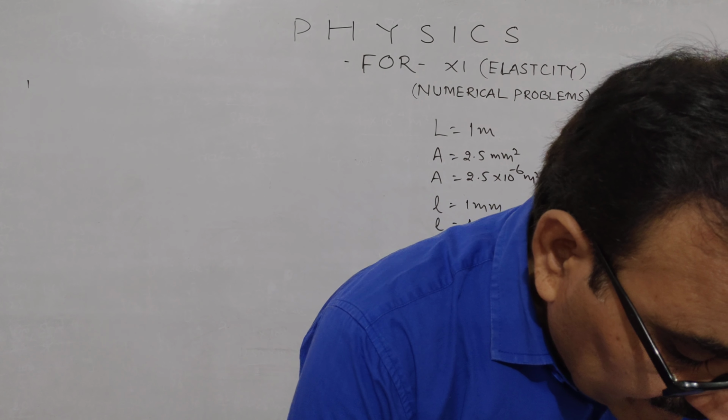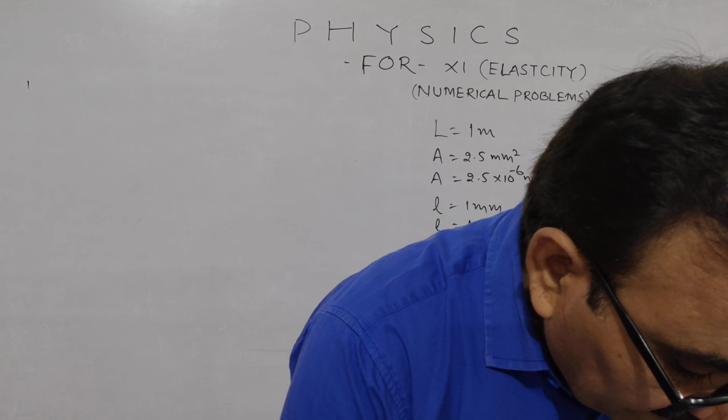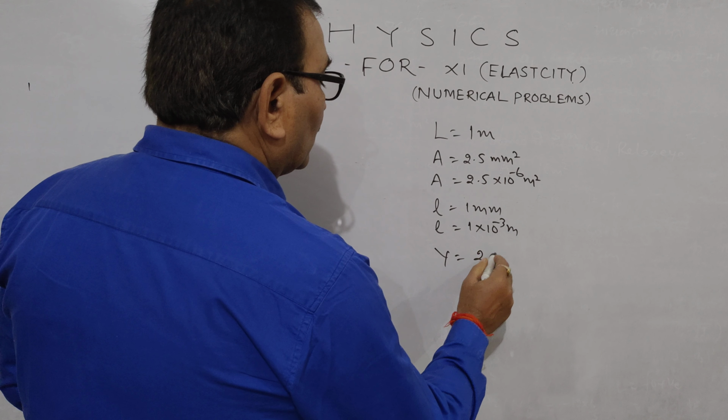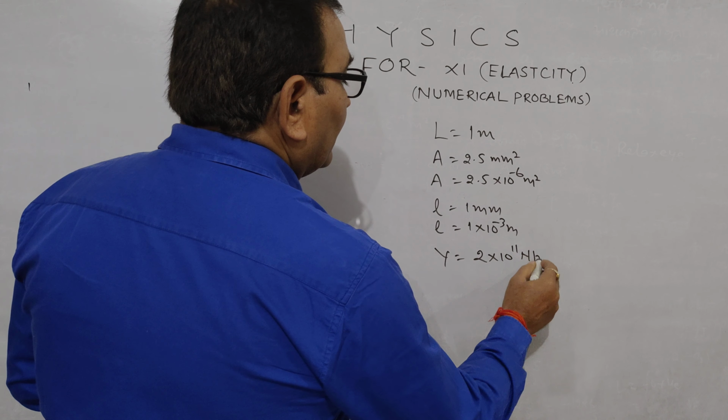By applying a force, calculate the elastic potential energy in the wire in the stretched condition, and Y is given as 2 into 10 to the power 11 Newton per meter square. So you have to calculate how much energy or work will be required to stretch the wire up to 1 mm.